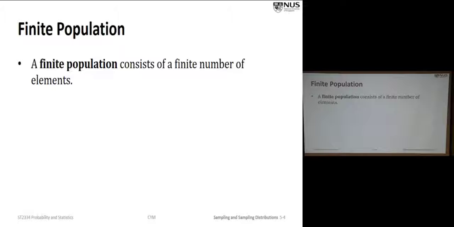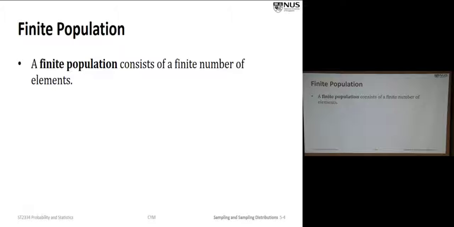I have to stress that when I say there are finite elements in the population, suppose I say that this population has 1 million elements. It does not necessarily imply that all these 1 million elements are of different values.